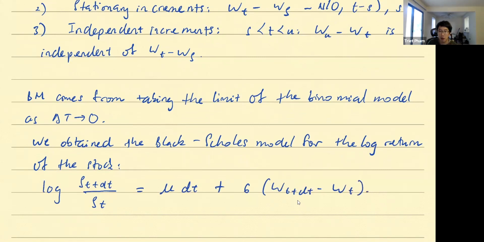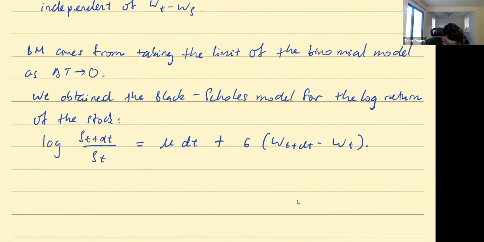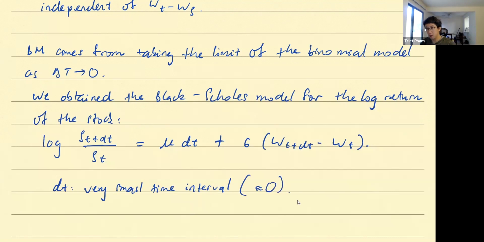Here dt is a very small time interval. In fact, in a lot of contexts it is like 0, so it's not a physical quantity.